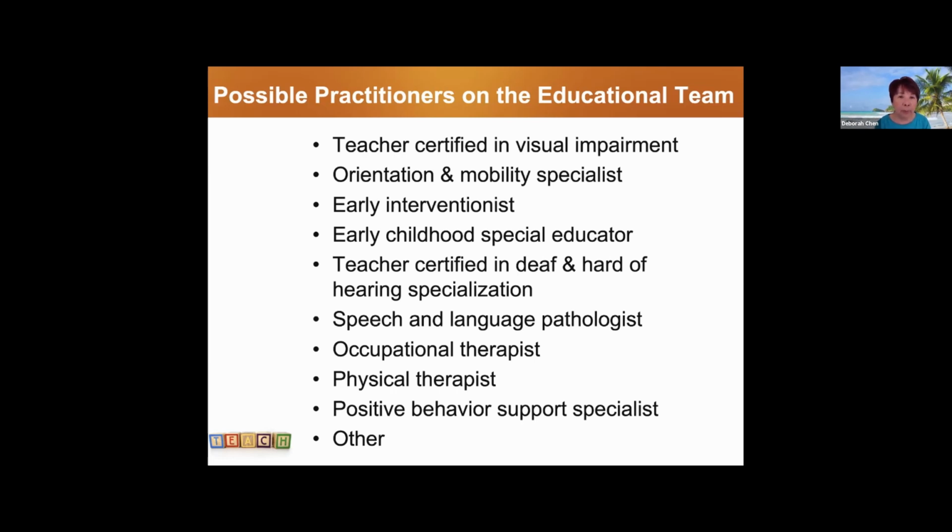Or there may be people who serve two roles: a teacher certified in deaf and hard of hearing specialization, speech and language pathologist, occupational therapist, physical therapist. With some preschoolers, a positive behavior support specialist. If the child is deaf-blind, there may be a deaf-blind specialist. If the child is in a preschool inclusion program, there may be the general educator.